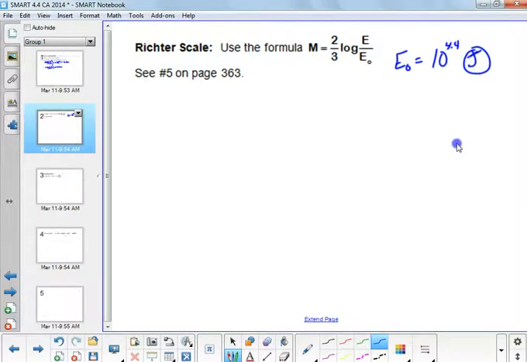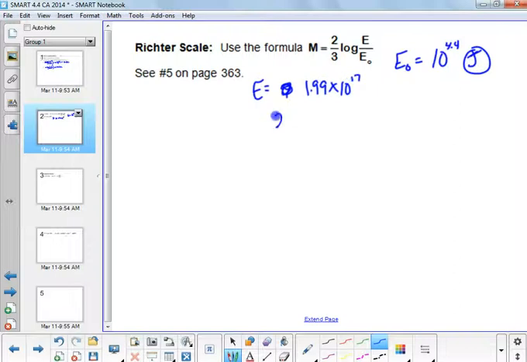Example 5 on that page says the strongest recorded earthquake was in Colombia in 1906. Its energy release was 1.99 times 10 to the 17th power. So the E in the numerator of the logarithm is 1.99 times 10 to the 17th power.